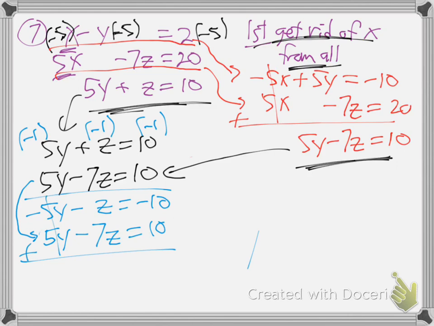Add them up. These cancel. Minus 1z minus 7z is minus 8z, and this is 0. Solve for z. Divide by minus 8. z is 0.